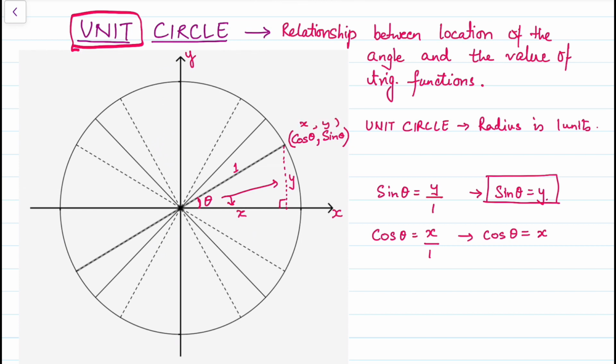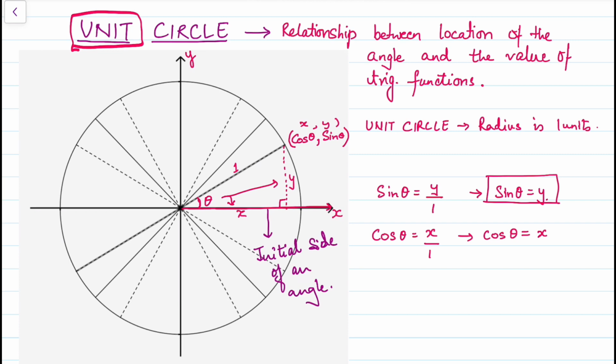All right, so we will be using a few new terms in here. We will be using initial side, and that is the base of the angle. Usually the initial side will be taken as the positive x-axis, all right?